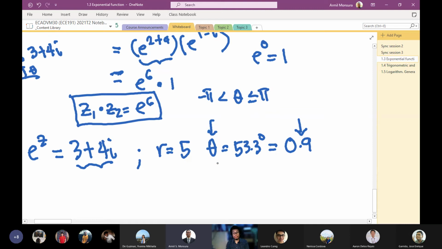If we need 2 decimal places in the final answer, we need more than 2 digits in this number. So give me at least 4 decimal places. This is 0.9273.